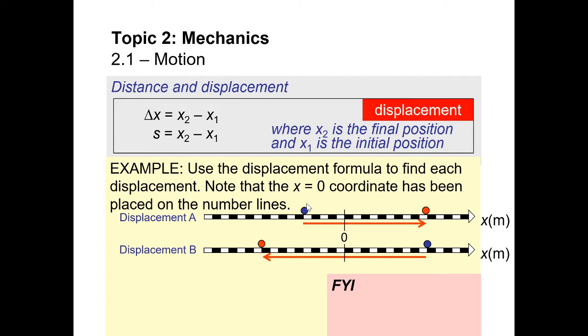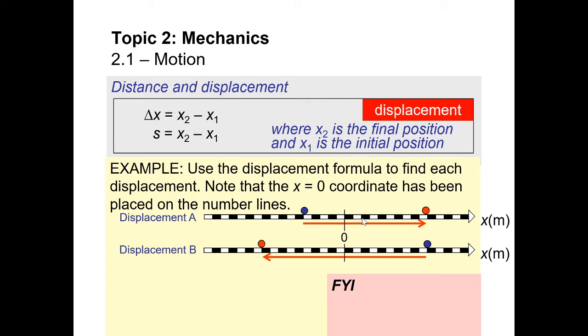Okay, so let's do a problem. Use the displacement formula to find each displacement. Note that the x equal to 0 coordinate has been placed on the number lines. For displacement A, let's start with this top case first. Displacement is final position minus initial position. Each of these ticks on the number line represents 1.